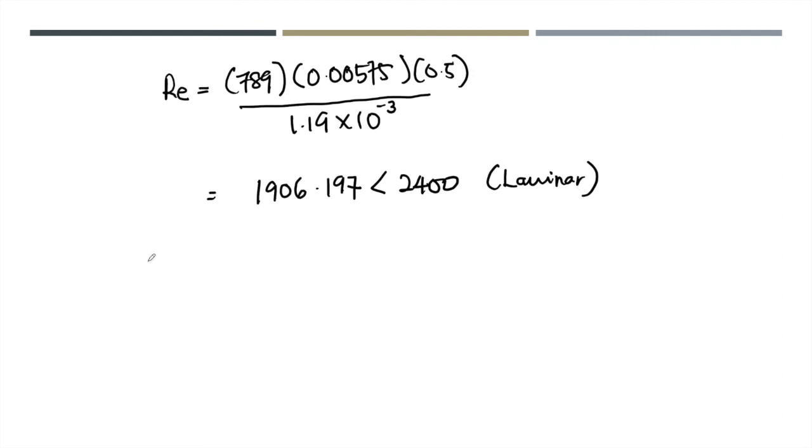Therefore, we can apply the Hagen-Poiseuille equation to find delta P. So I will use delta P equals 128 mu QL over pi d to the power of 4. I will substitute all the values.